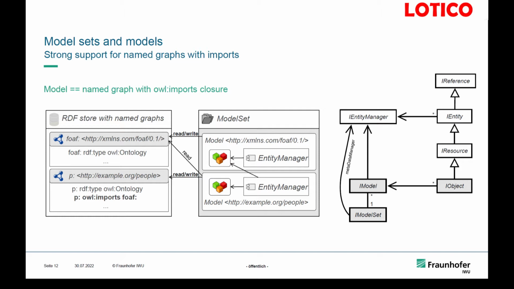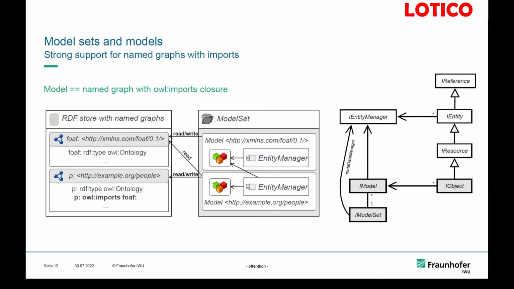And KOMMA helps you with the model set API, where it manages multiple models. For each of those named graphs, one model, and each model is associated with an entity manager that only accesses this model and the imports closure. And data that is written to the entity manager is only inserted in the corresponding named graphs.